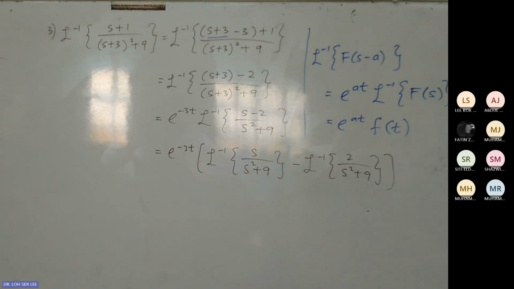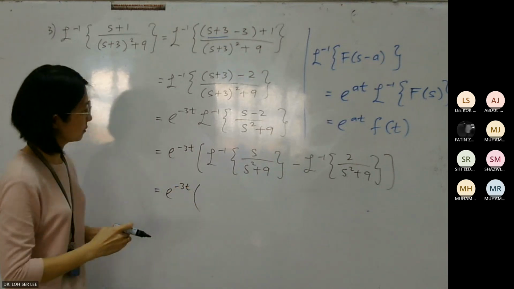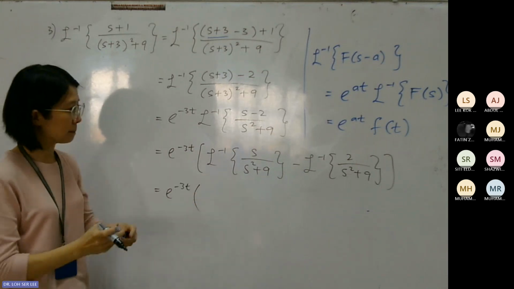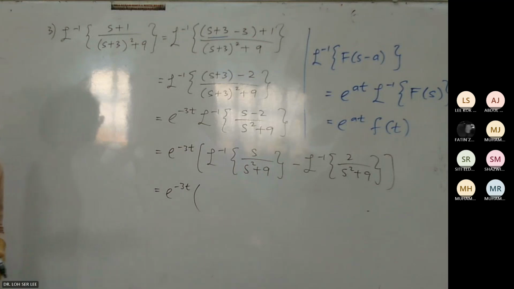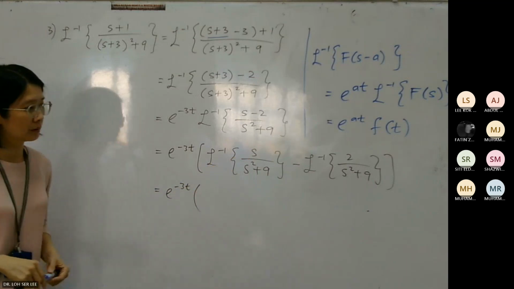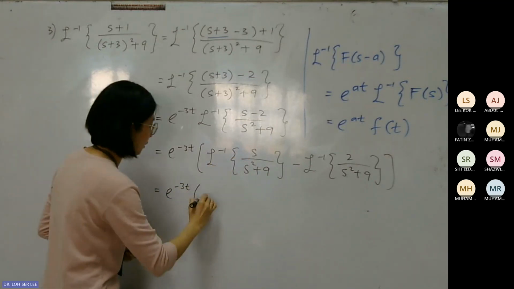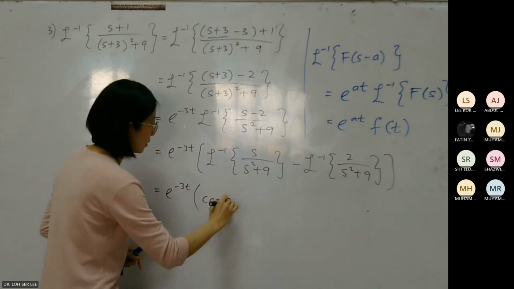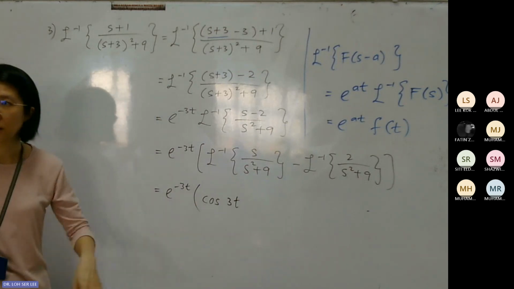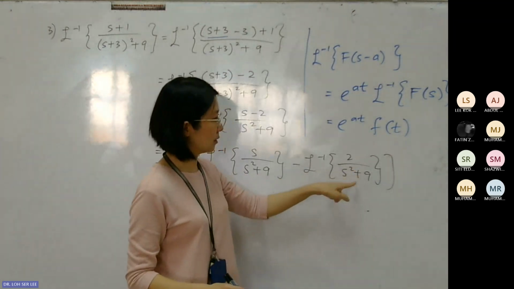So when you break this into 2, what's the first? Inverse Laplace of this, you get cos 3t. And the second term, this is sine.